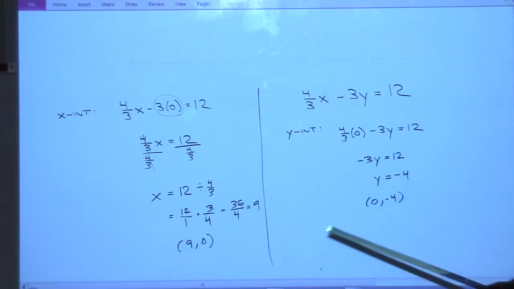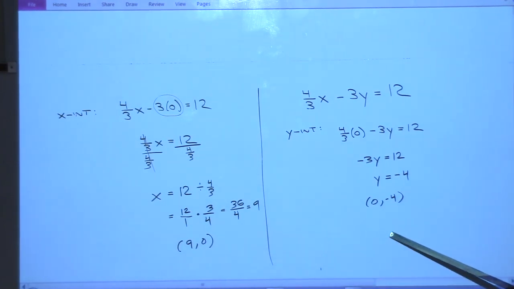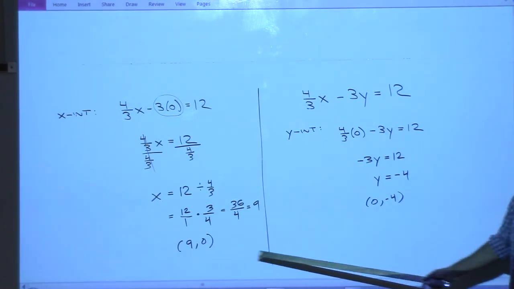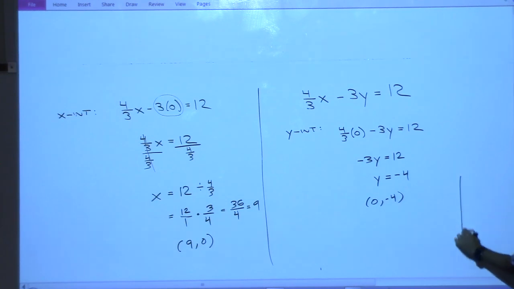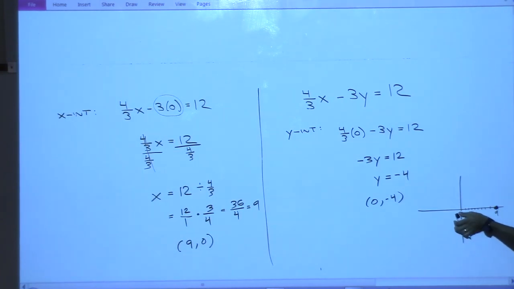These should be relatively easy to draw on a number line. So I'll do a quick one over here. Let's be careful. (9, 0) is 1, 2, 3, 4, 5, 6, 7, 8, 9. There's (9, 0). And then (0, -4), 1, 2, 3, 4. You know what? Let me do something different. 1, 2, 3, 4, negative 4.